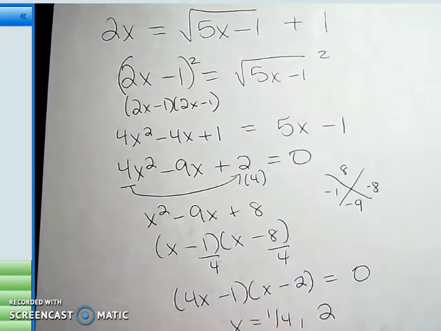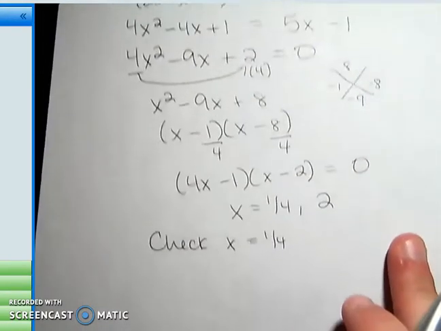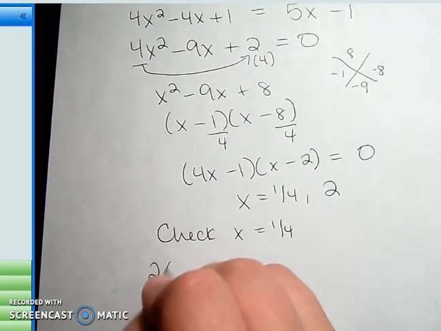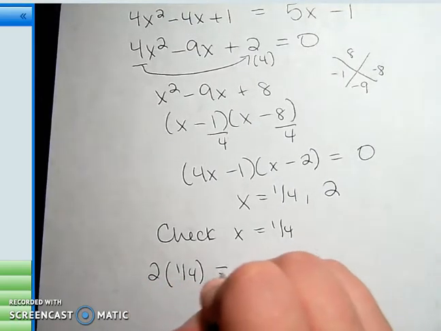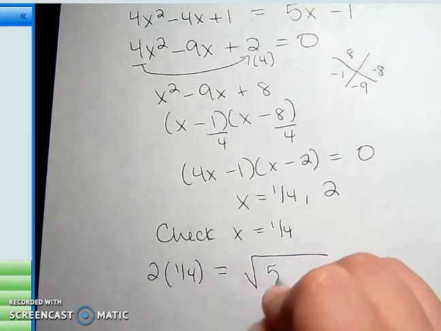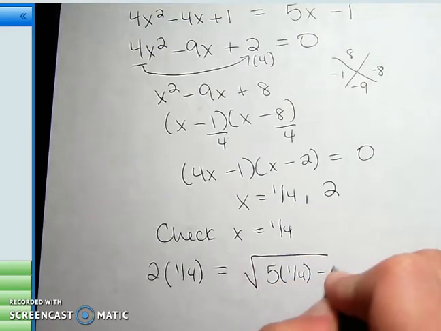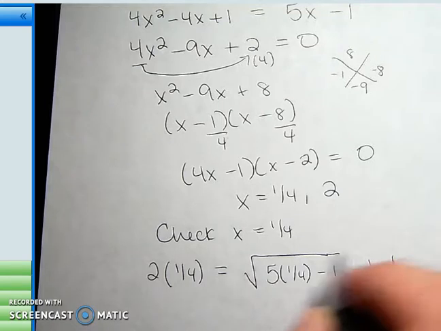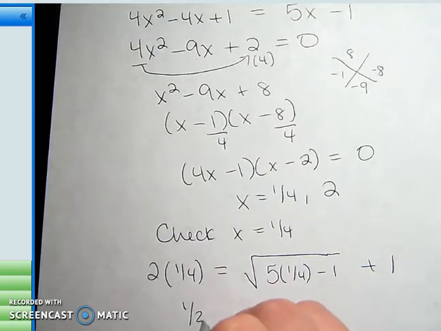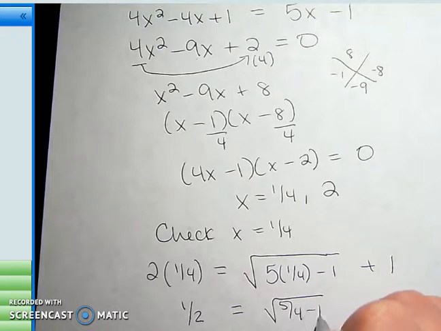So if I'm going to check, x is 1/4. 2 times 1/4, does it equal the square root of 5 times 1/4 minus 1 plus 1? So that's 1/2. Does it equal the square root of 5 over 4 minus 1 plus 1?